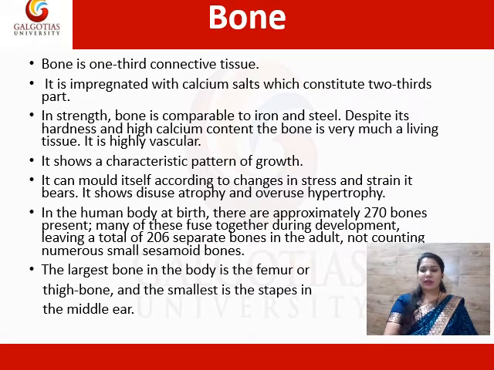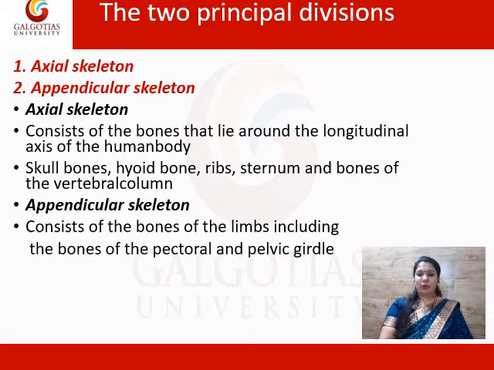Let's discuss the classification of the bones. There are two principal divisions of the skeleton system. The first is the axial skeleton and the other is the appendicular skeleton. The axial skeleton consists of the bones that lie around the longitudinal axis of the human body.